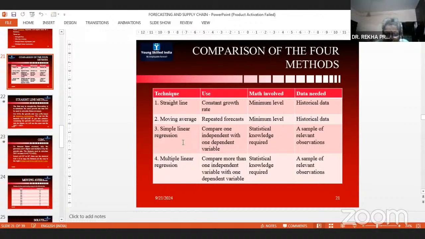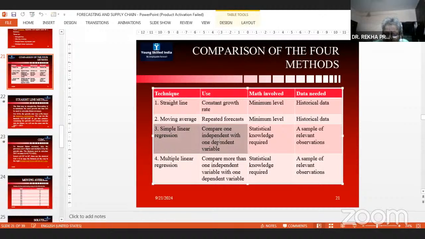So here what we do is compare one independent variable with one dependent variable. X is your independent variable and Y is your dependent variable. Here some statistical knowledge is required, and actual observations will be taken, and accordingly we'll make the prediction. Do you get my point? Yes, ma'am.